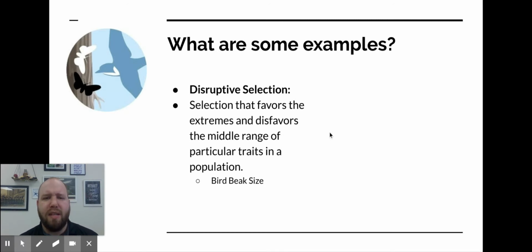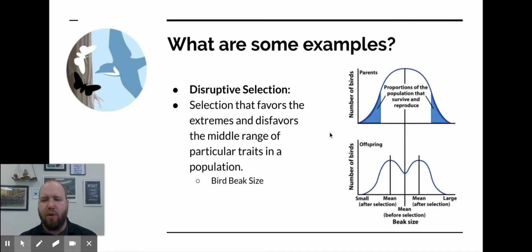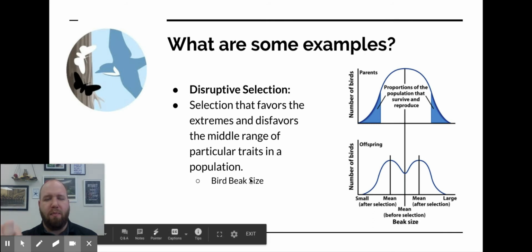Disruptive selection is a really interesting one. This is when there's two extremes that get favored, and the middle is where they lose all of the advantages. Bird beaks are one of the good examples.